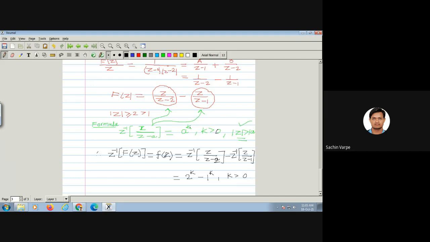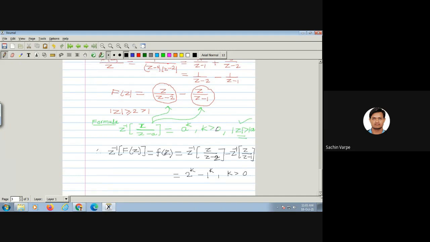Just check this one. So 2 raised to k minus 1 is the required inverse Z transform. Any doubt, any question? Everyone please do reply. Any question?